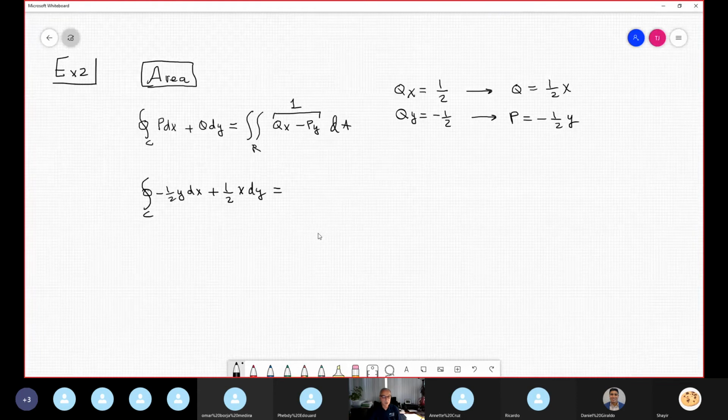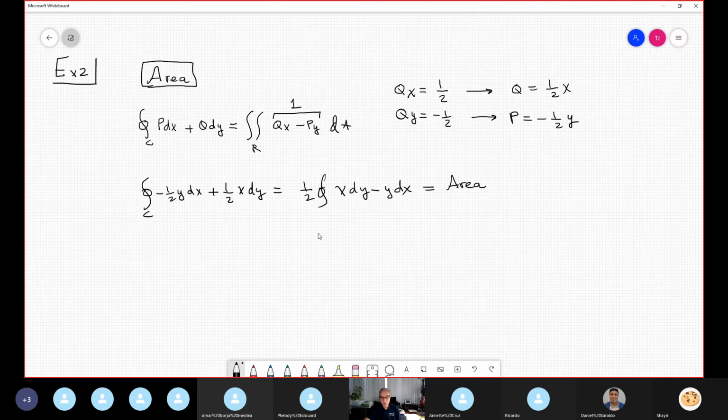Entonces you factor out 1/2 outside the integral, and organize it in a more elegant way, que is x dy minus y dx. Wow! And we can use this new formula to compute the area of the closed curve, of course. So it's another application of Green's theorem, but in the opposite direction.